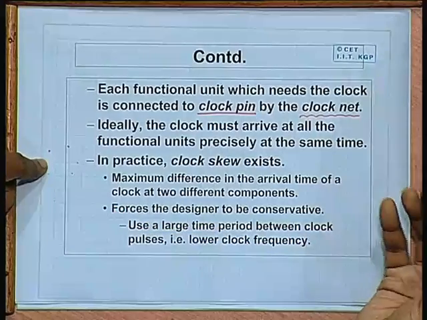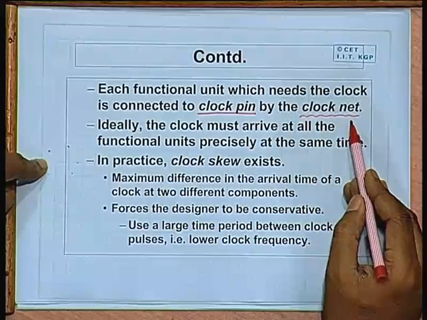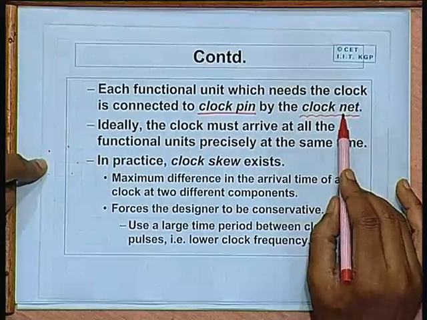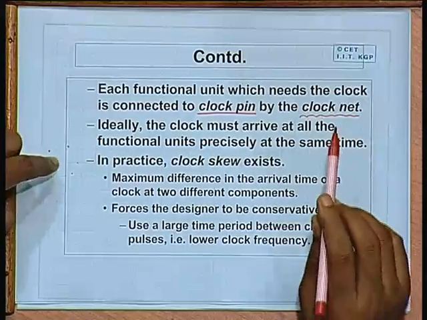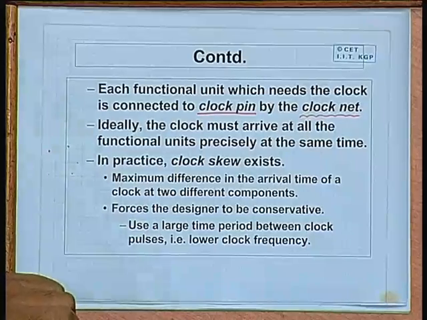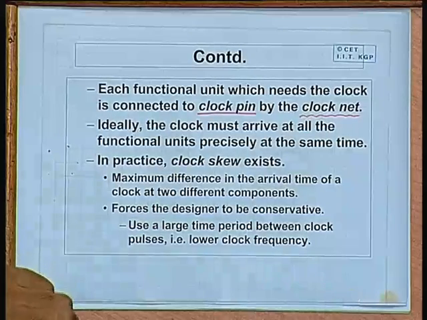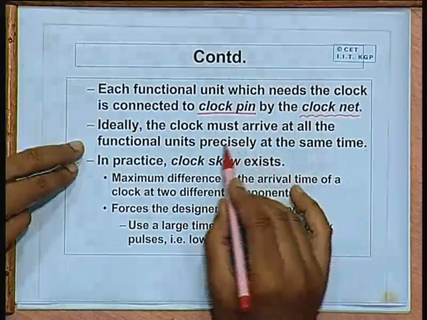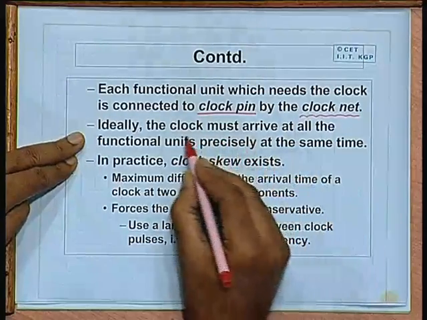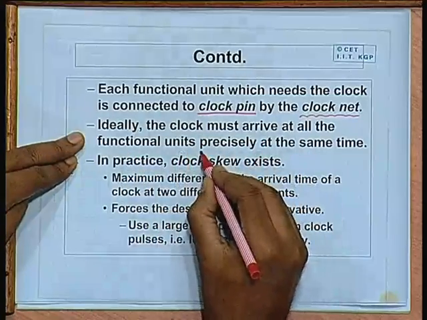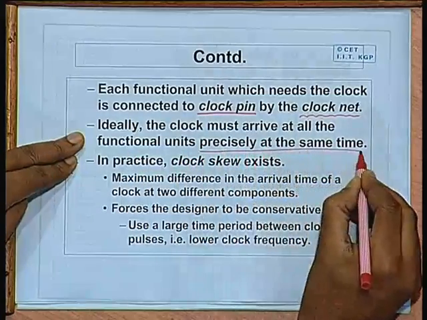It is not uncommon that a clock net will have to connect to thousands of pins. So, this is one issue which needs to be addressed specifically, and in order that we may clock the circuit at the fastest possible rate, in the ideal situation we desire that the clock should arrive at the different functional units all at the same time.